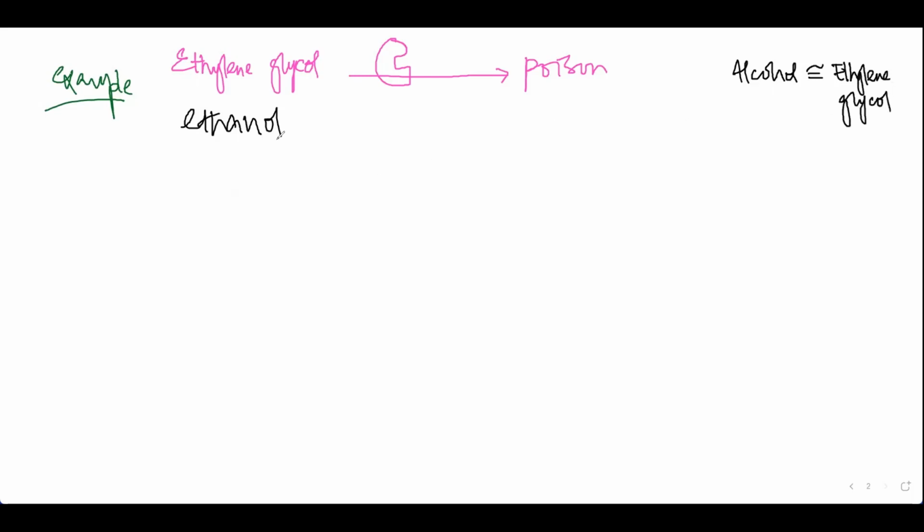So if you add alcohol, it would bind to the enzyme, and in the meanwhile ethylene glycol will be excreted out of the body. So my question to you is, what kind of inhibition is this? What is the inhibitor in this example?